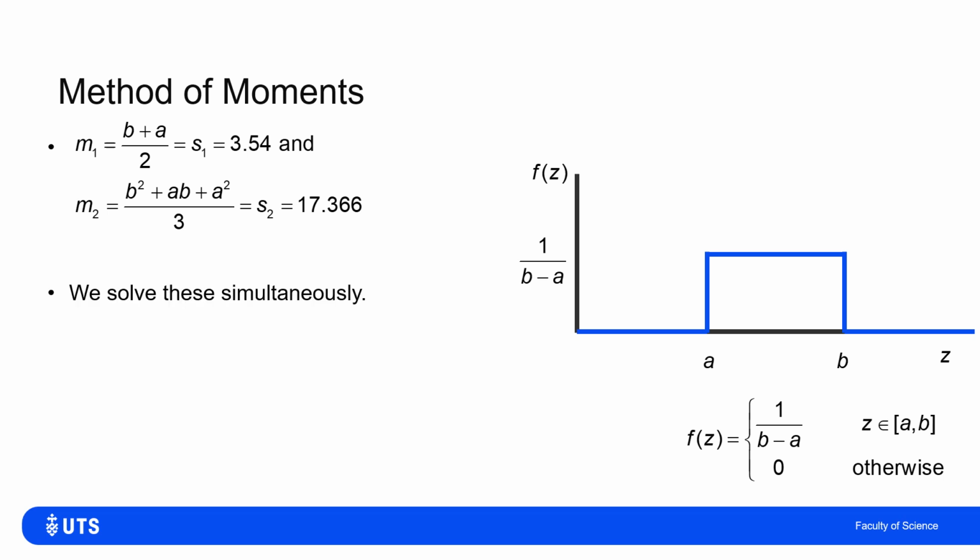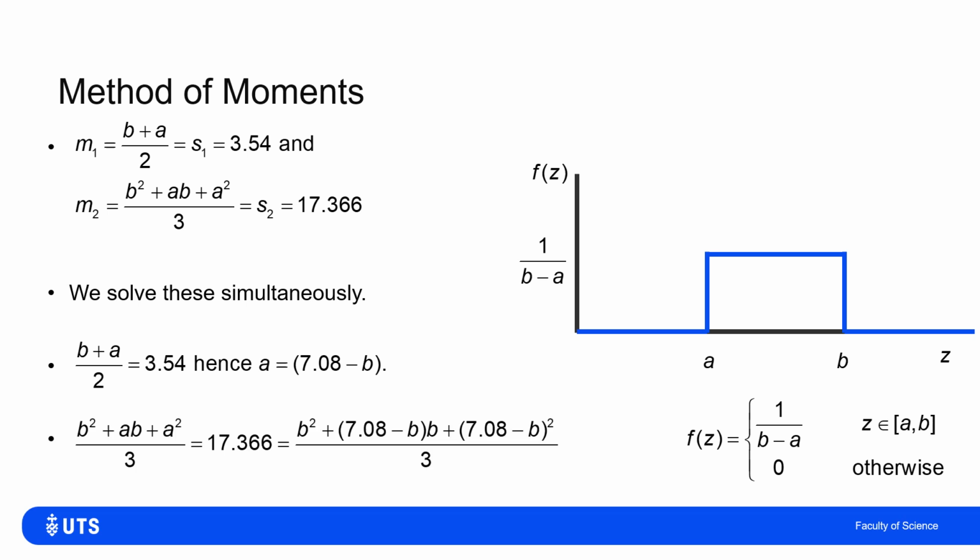The first one of these is quite easy to work with, because if I know that (b plus a) on 2 has to be 3.54, then rearranging that, I know that a has to be 7.08 minus b. Now, if I substitute that into the other statement, replacing the a's with 7.08 minus b, then I eliminate a.